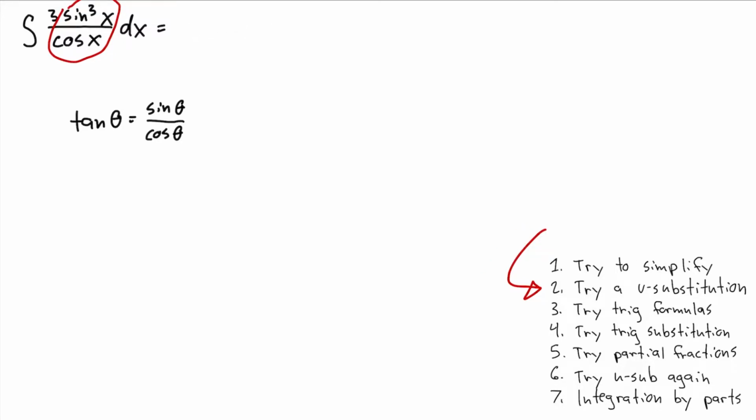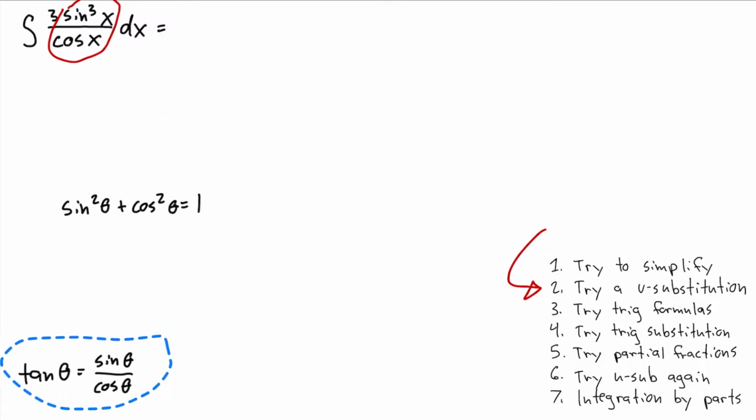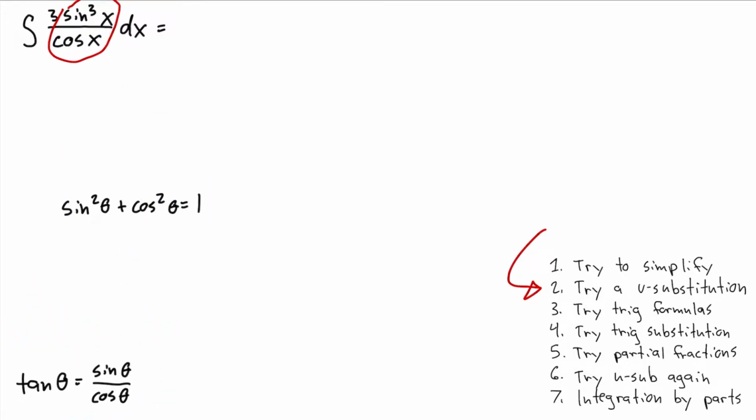One formula that we should know is sine squared of theta plus cosine squared of theta equals 1. Of course, instead of theta, you can write x, or whatever other variable you would like, but this is essentially the formula.